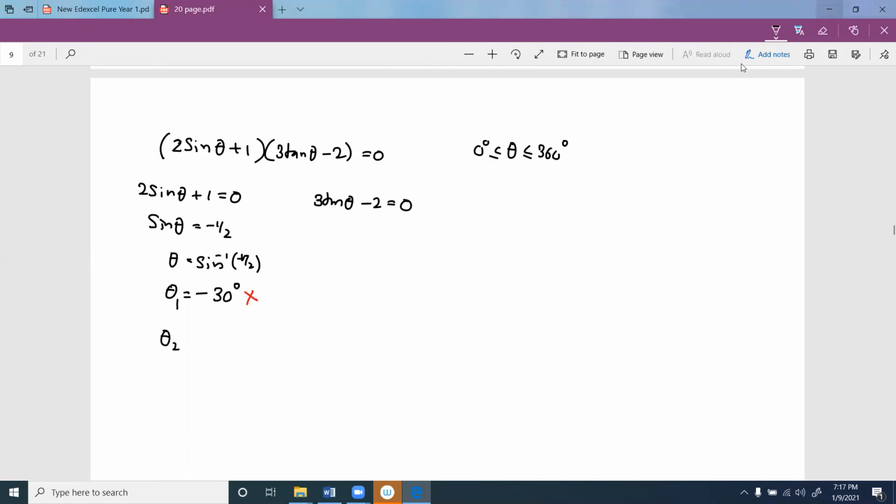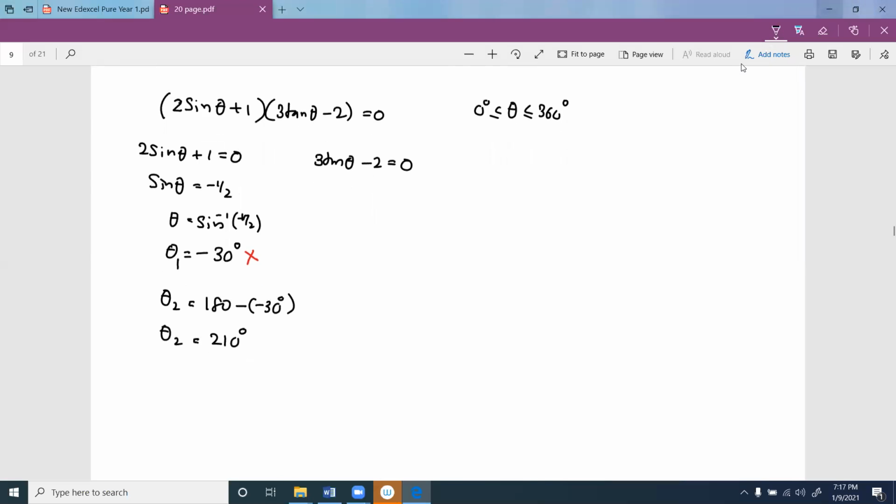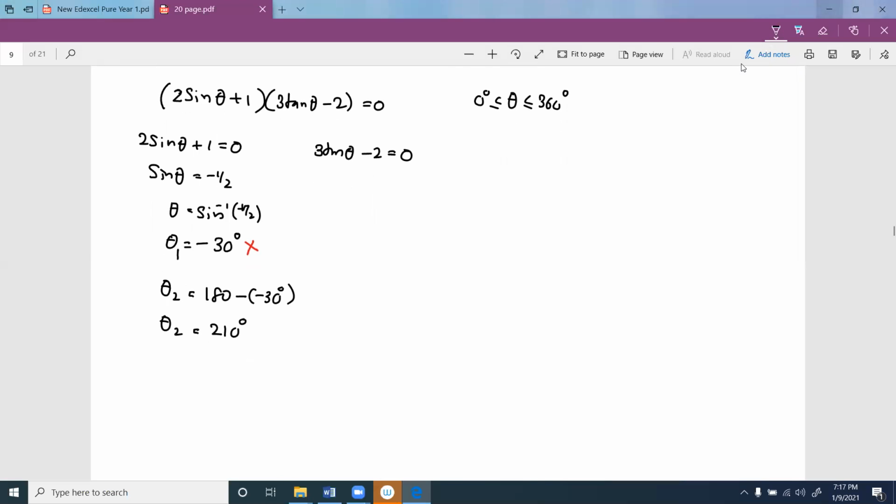So theta 2 becomes 180 minus, this is again minus 30 because this angle is minus 30, so theta 2 equals 180 plus 30, which is 210. This is within the range. Then next, whether to apply 360 plus 1? Yes, we have to apply it because it's a minus 30.